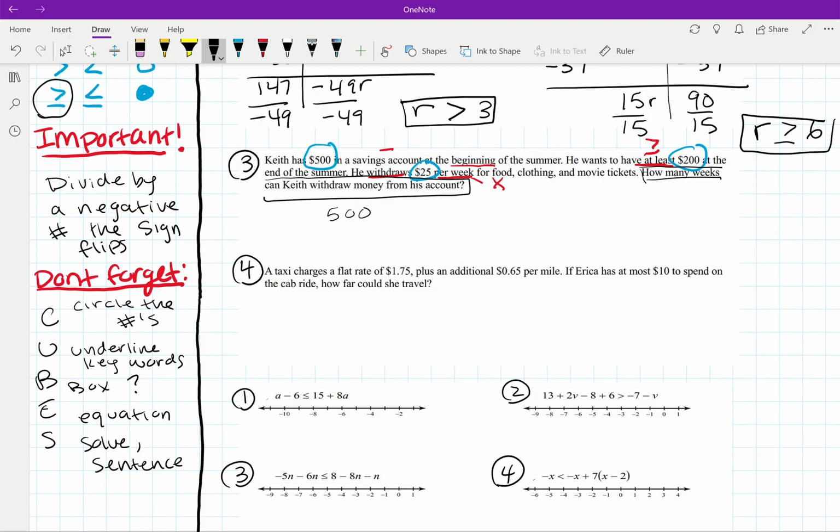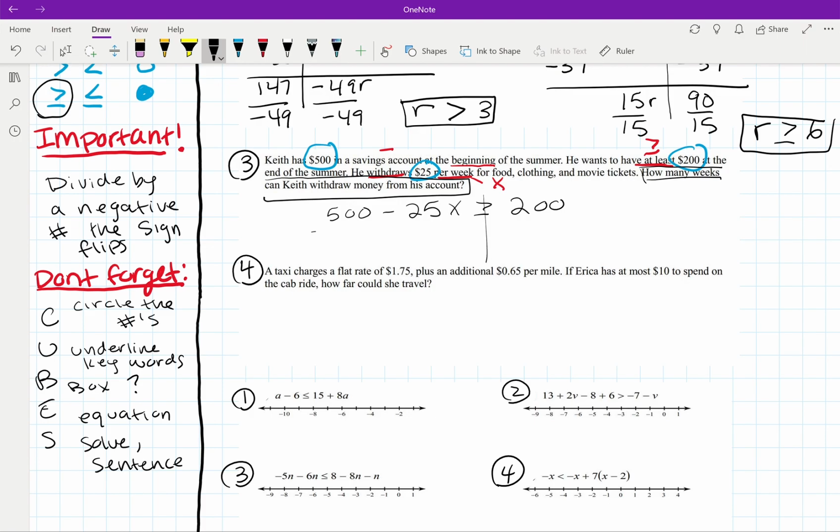He wants to withdraw $25 per week, so minus 25 X. And he wants at least $200. That means he can have more than $200, but he wants to have at least $200. So this is what our equation looks like. And then from here, we're just going to solve.